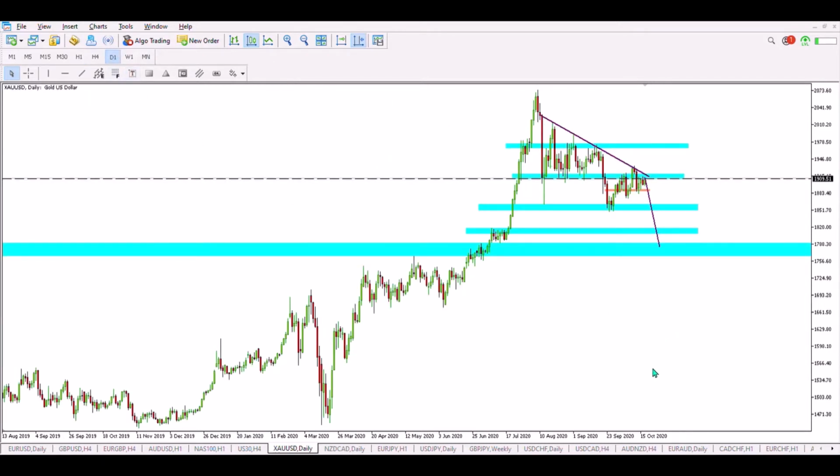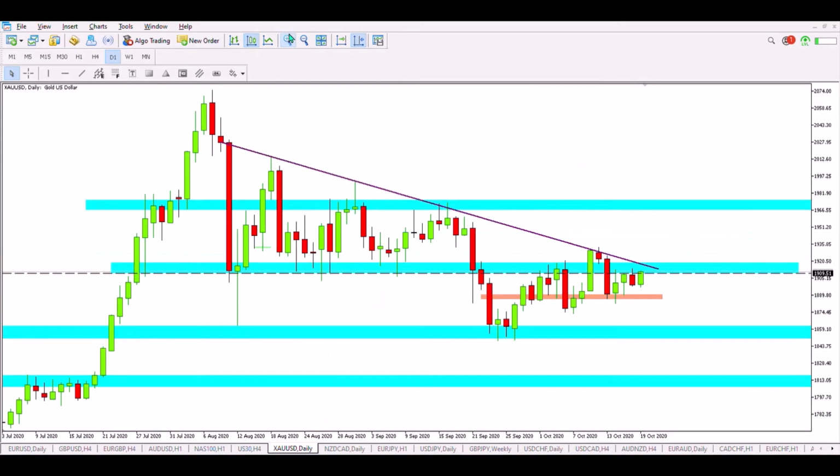What I see on the daily chart is that we're still in this uptrend. Even after some correction, we can continue bullish anytime, but also on the daily chart, on the support and resistance level, we have this strong sell signal, this strong bearish signal.